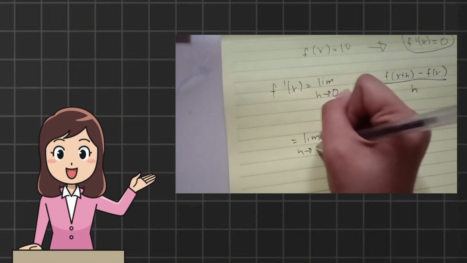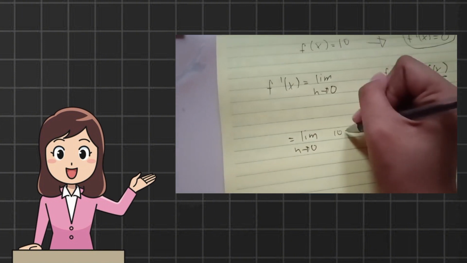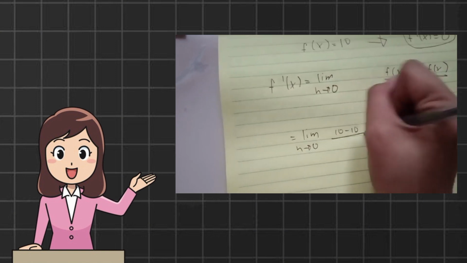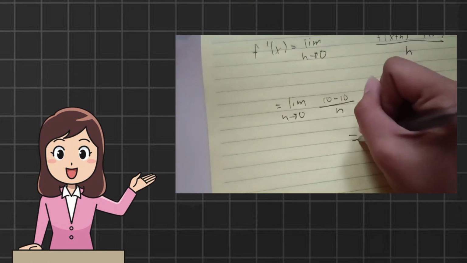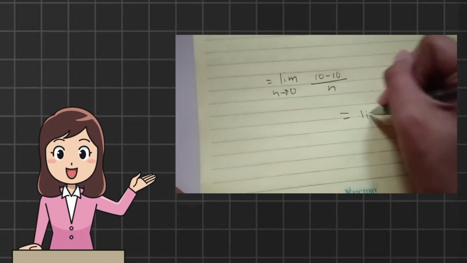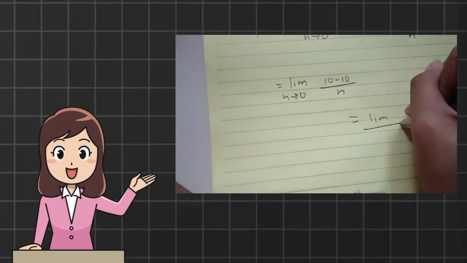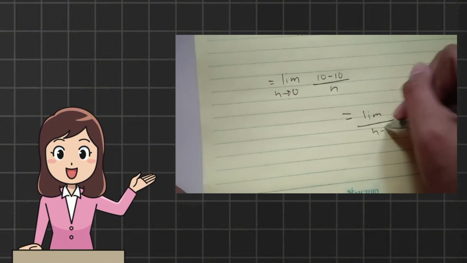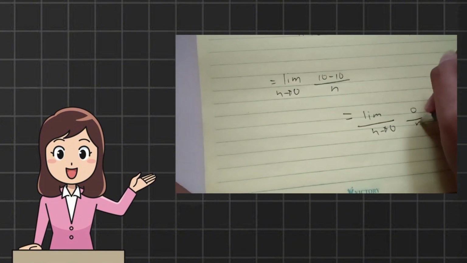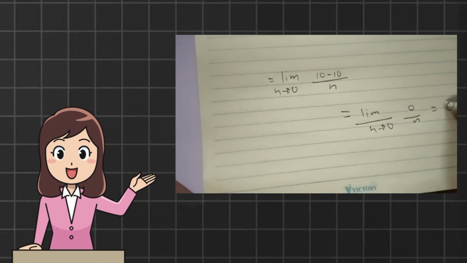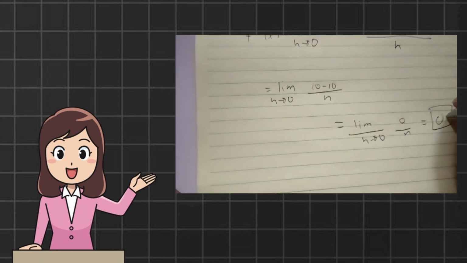Since 10 is our example, we will put it in: limit of 10 minus 10 over h as h approaches 0. So 10 minus 10 is equal to 0 over h. Then the answer we will get is 0.